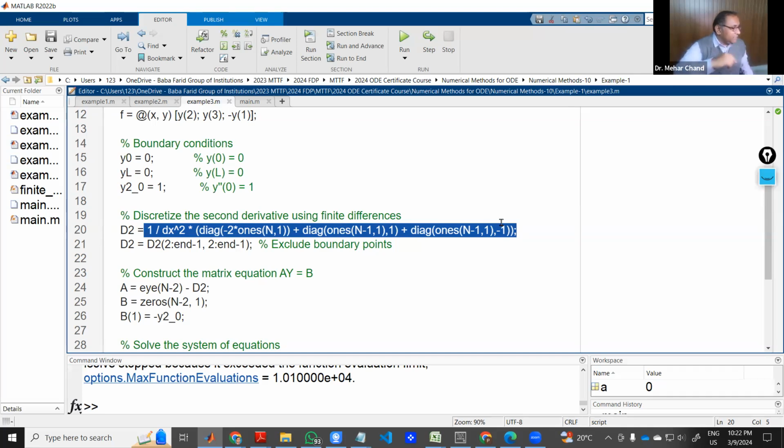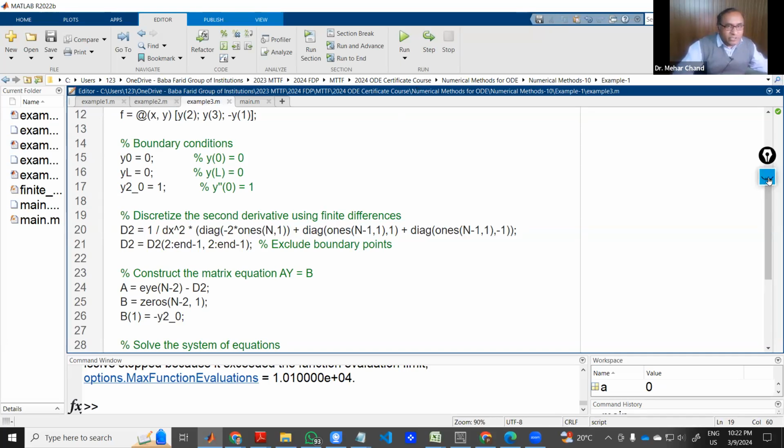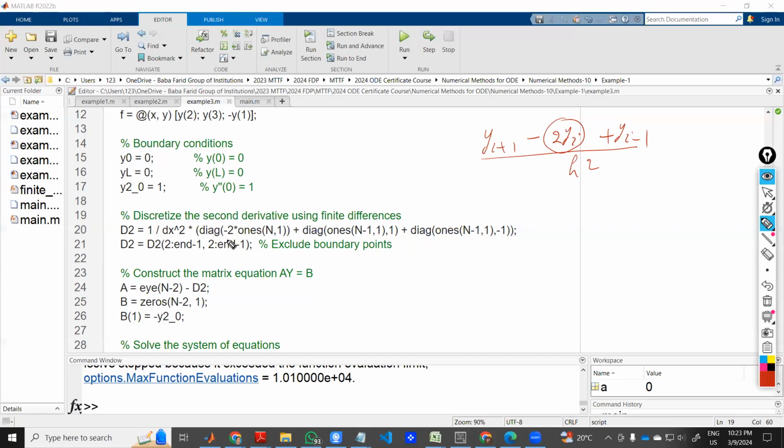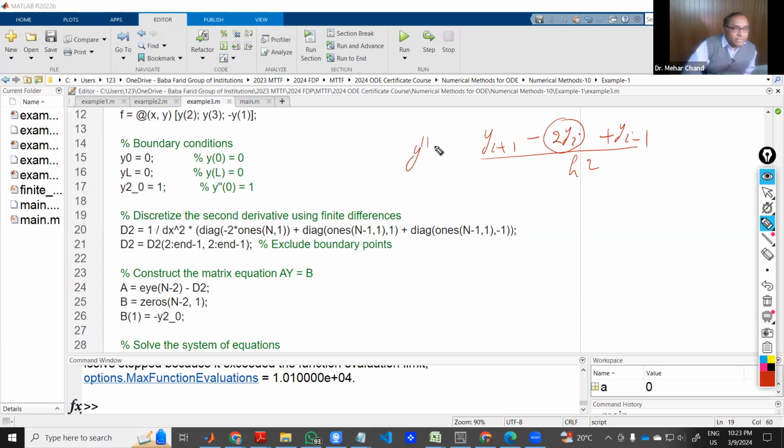You need to learn to implement this, and it will be possible when you use yi plus 1 minus 2yi plus yi minus 1, upon h square. So we started from this expression. Yes, for the second order.